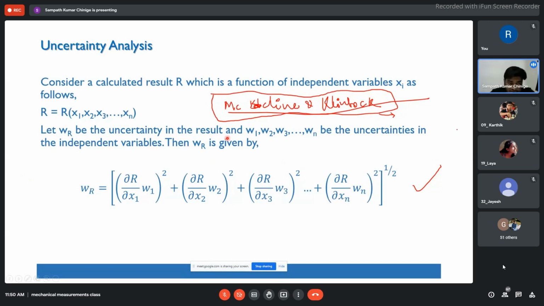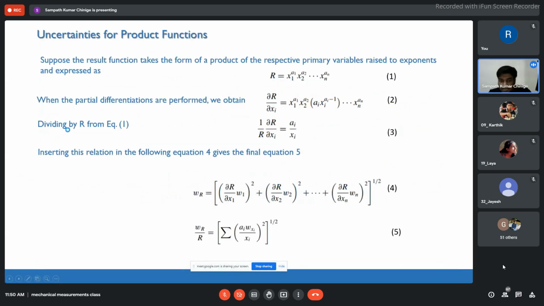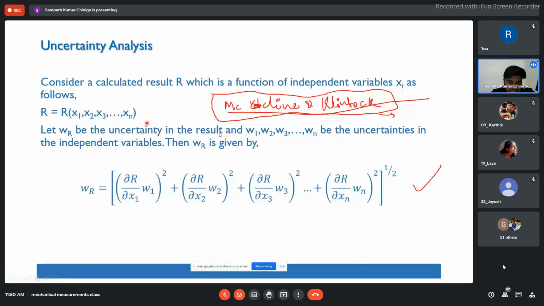So what we do is let WR be the uncertainty in the result. Finally, R is having an uncertainty WR, and W1, W2, W3, Wn are the individual uncertainties related to X1, X2, X3, and so on respectively. X1 is having a deviation of W1, which is measured by statistical method.